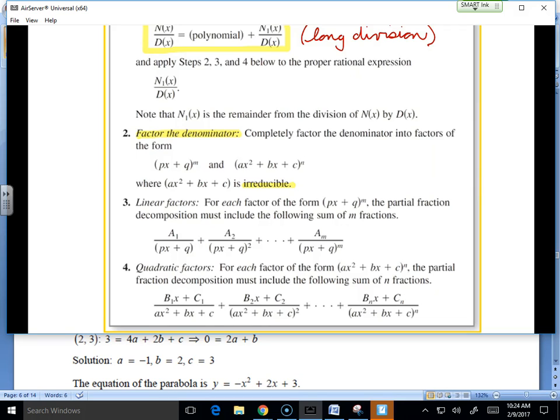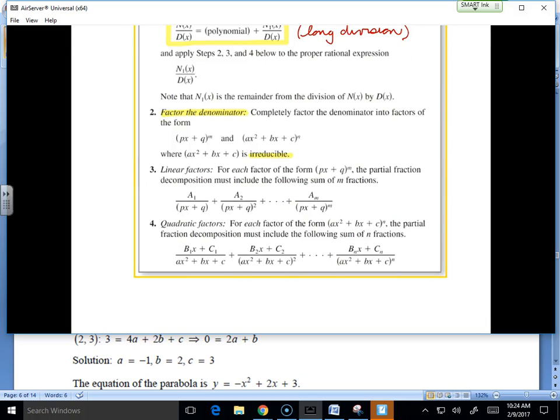Number 3, well, here's the dealio. 3 and 4. I want you to write down this next. Make partial fractions.